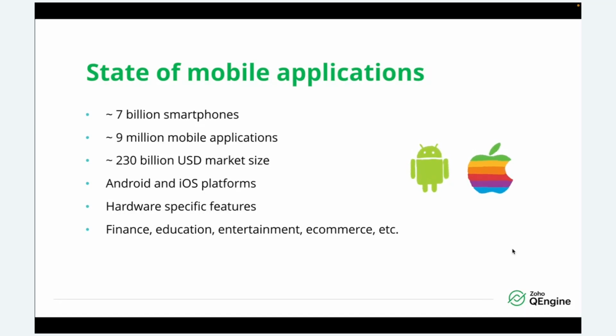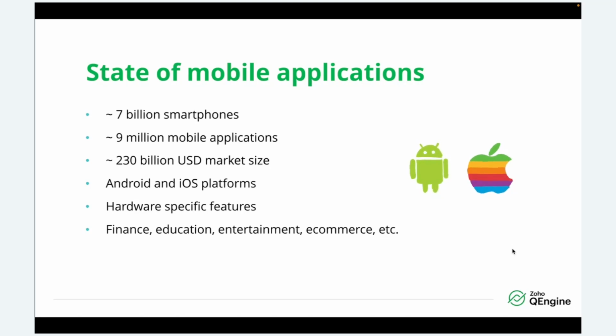As of now, we have around 7 billion smartphones currently in use, and around 9 million unique mobile applications in use on these smartphones. The entire market size is around $230 billion US dollars.